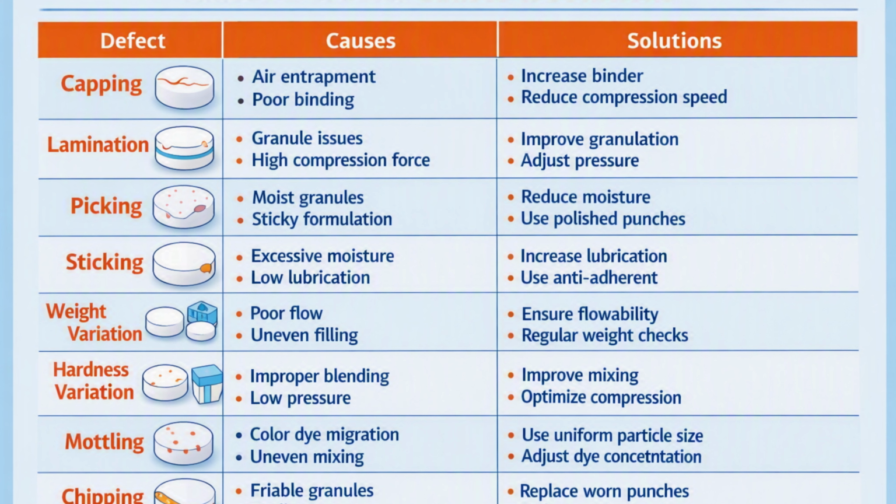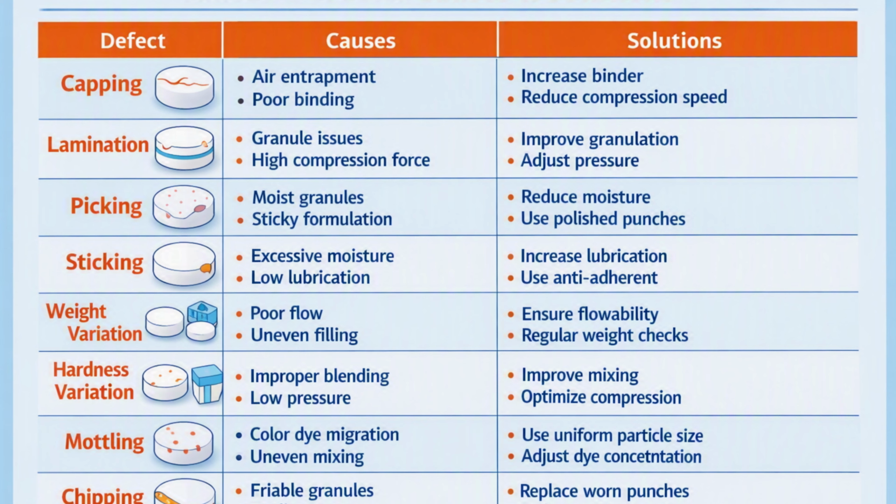First, capping. What is meant by capping is air entrapment between the punchings. Poor binding capacity may also be involved in capping. It's nothing but a crack developed from one cap to another. Then next is lamination. Lamination is due to granule issues or high compression factors, in the sense of forceful compression adhering on the topmost layer.